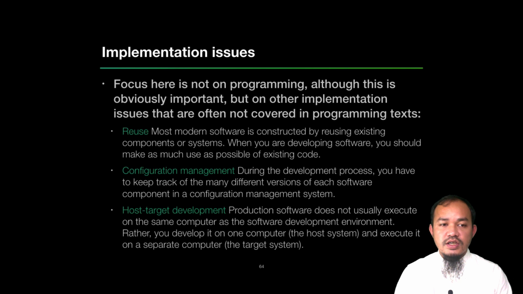Three things here. First is reuse. The second is configuration management, and the third is host-target development. If we look at reuse, most modern software is constructed based on existing components or systems. This means they do not build from scratch, from zero. They build from something that already exists, which we call a component.